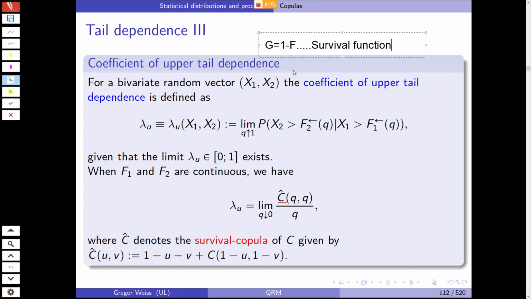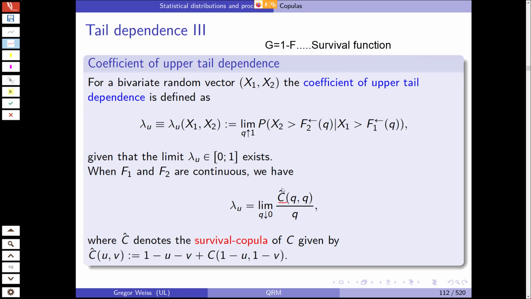And as you can imagine, in health and life insurance, you're very much interested in the probability that a contract, a claim, a policyholder ages up until age 80 or 85, or survives until age 90. So you're more interested in survival functions, and this is how they are defined in statistics.